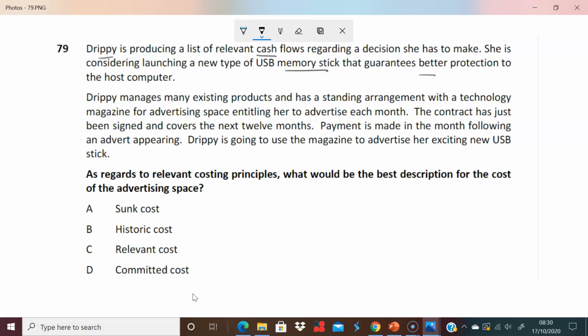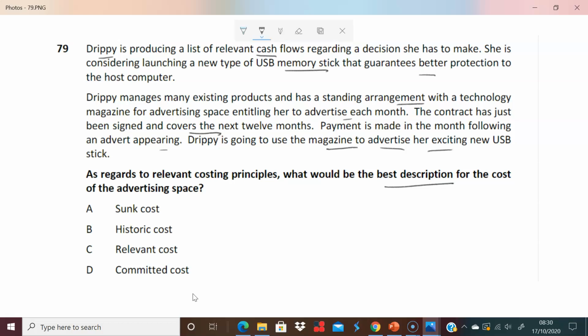But currently she manages existing products and has a standing arrangement with a tech company. The contract has been signed and covers the next 12 months. So payment is made in the month following an advert appearing. She's going to use the mag to advertise her exciting new USB.